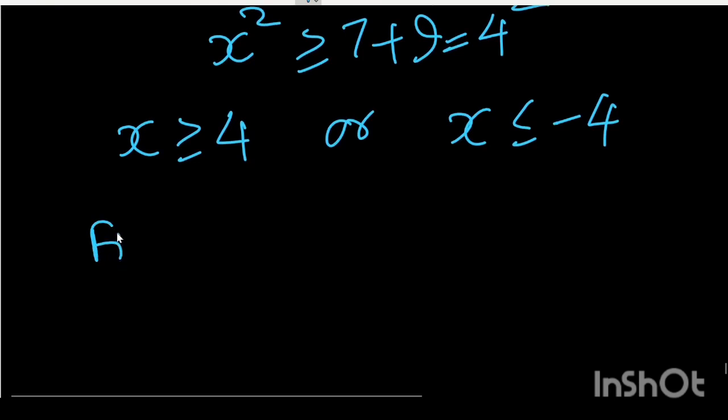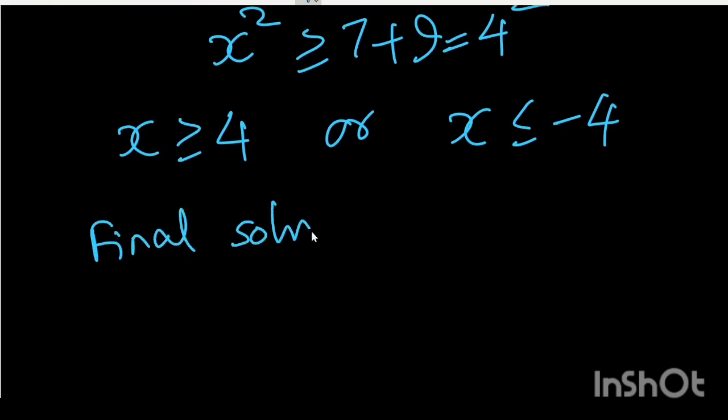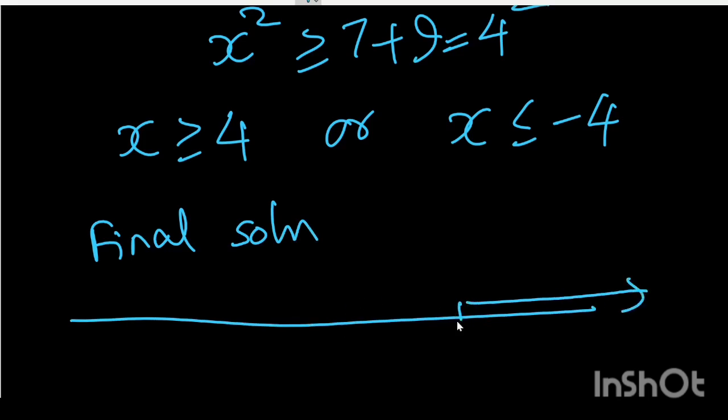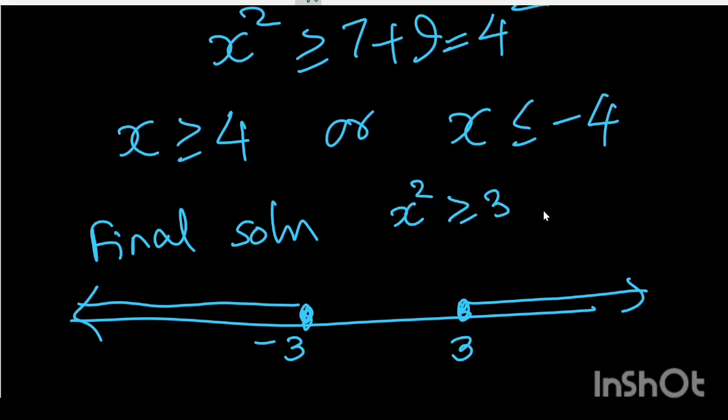The final solution is the intersection with the domain. The domain was x greater than equal to 3 and x less than equal to minus 3, equality was there. Or simply you can say that the final solution is the intersection of x square greater than equal to 3 square with x square greater than equal to 4 square.